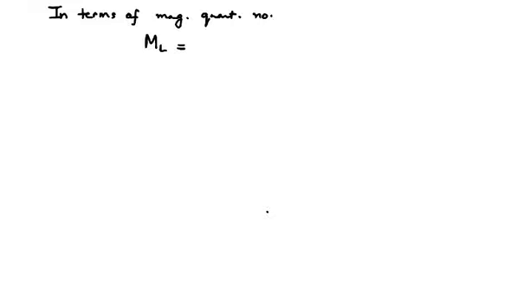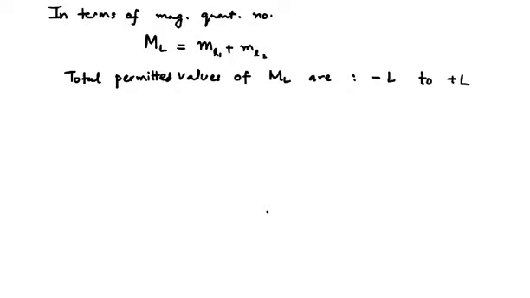If you have 2 electrons in the outermost shell, then in terms of magnetic quantum number, ML can be ML1 plus ML2. So the total permitted values of ML are from minus L to plus L. So it can go from minus L to minus L plus 1 and so on.